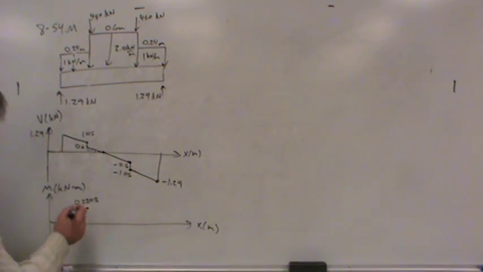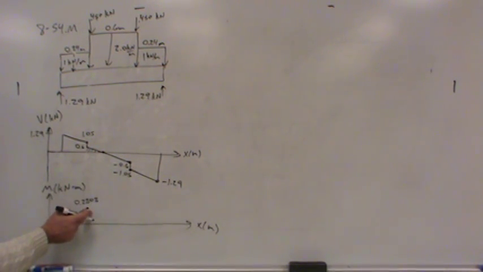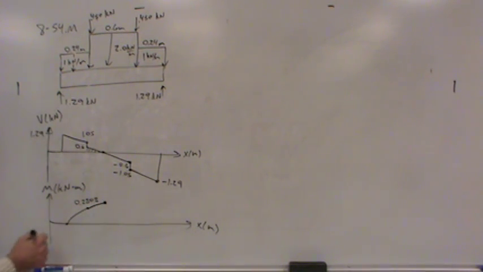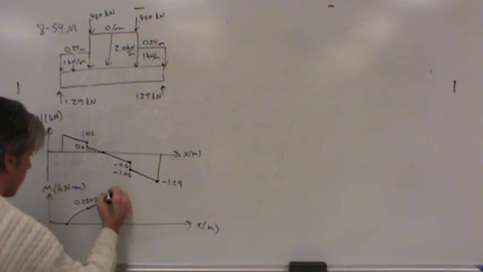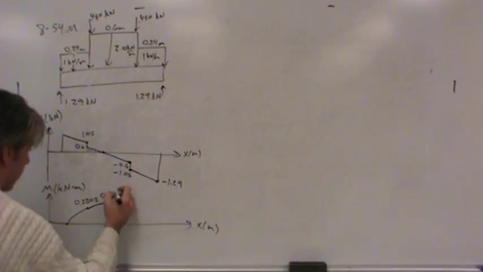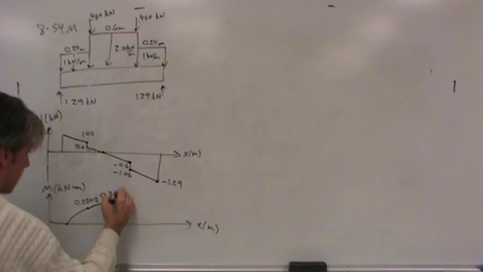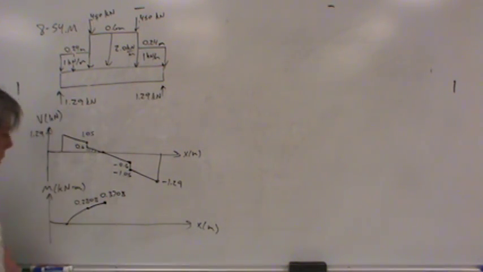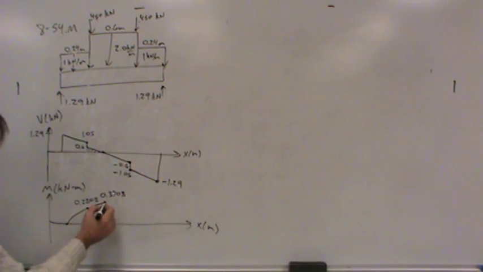Thank you. So that 0.09 has to add to this, so we come up to a point here where we have 0.09 plus 0.2808, which is 0.3708. Now, it's just going to be symmetrical, so why bother with the rest of it?